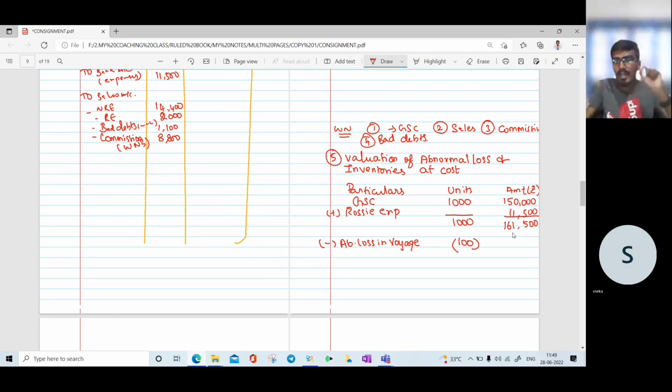For what is this calculation you need to do now? For 1,000 units, the value is 1,61,500. What is the value for 100 units? Take a calculator. 1,61,500 into 100 divided by 1,000. For 1,61,500, I am consigning goods of 1,000. For 100 units, what is the cost?